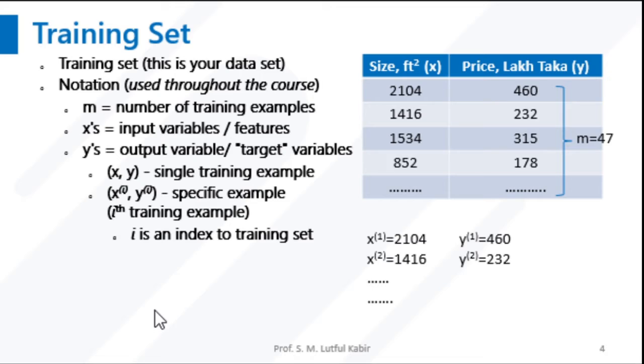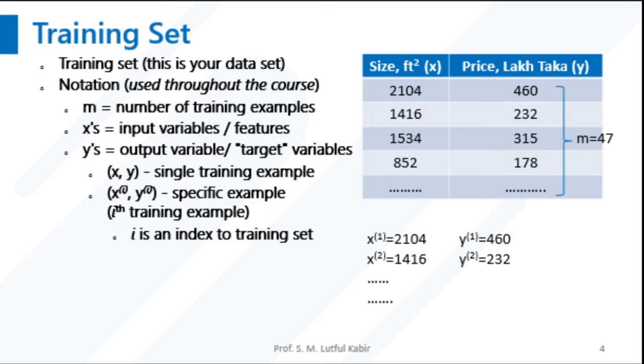So if we write x^(1), then x^(1) refers to the input variable for the first training example. In this table, x^(1) is equal to 2104, the first row, first column. Similarly, x^(2) would be 1416. y^(1) will be 460.